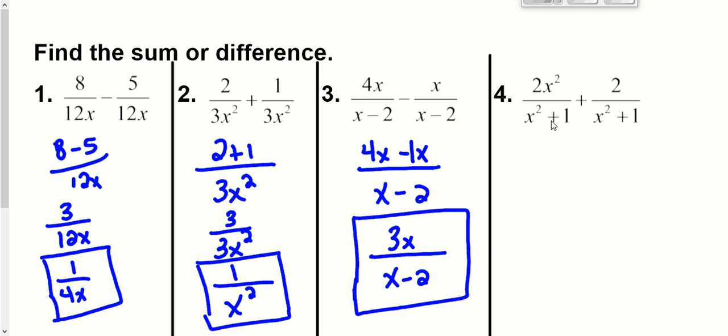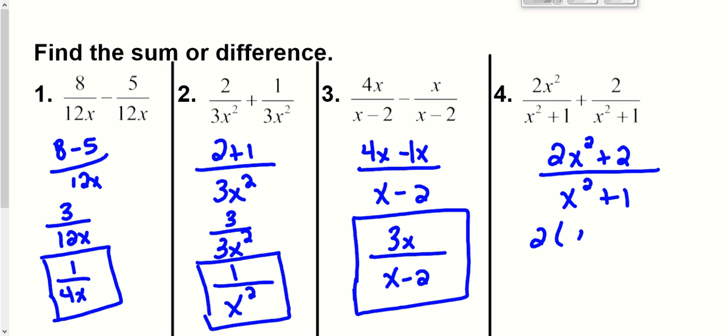All right, last one on this page. We have x squared plus 1 on the denominator on both. We are adding. So we have 2x squared plus 2 over x squared plus 1. On the top, they're not like terms, so I cannot combine them. But I can factor something out to simplify this. So I have a 2 in both of those, a 2x squared and a 2. I can factor out a 2. So now I have 2 times x squared plus 1 over x squared plus 1.